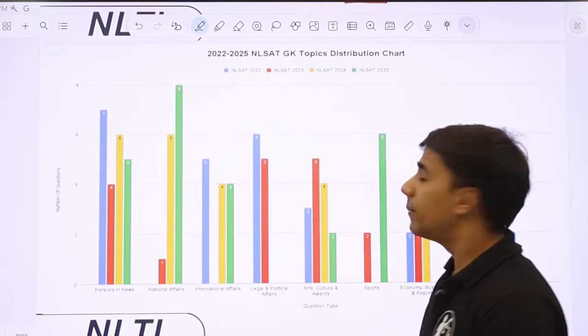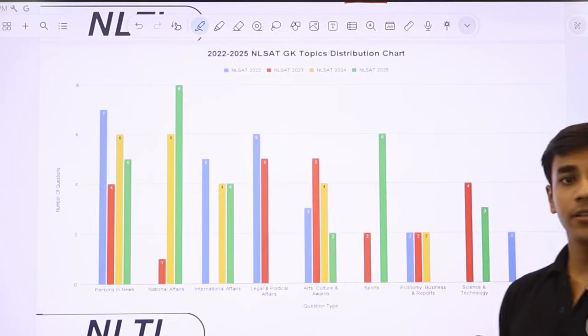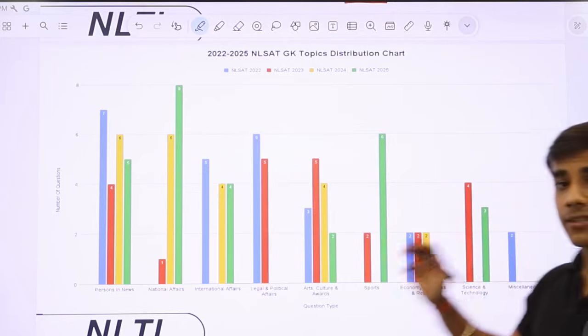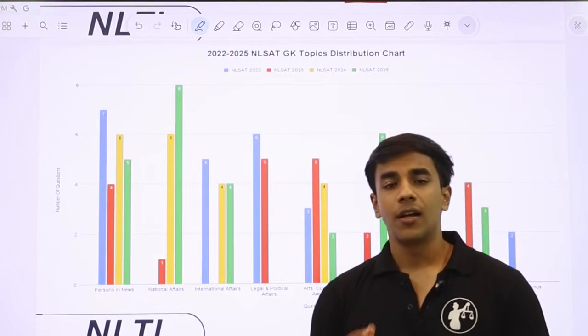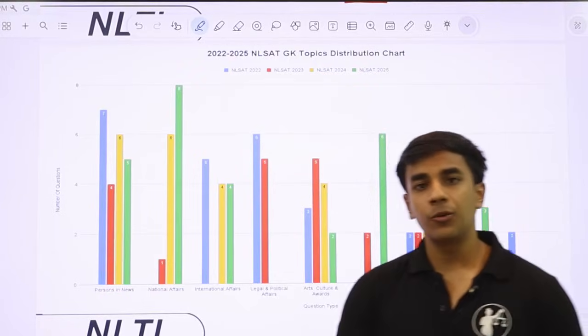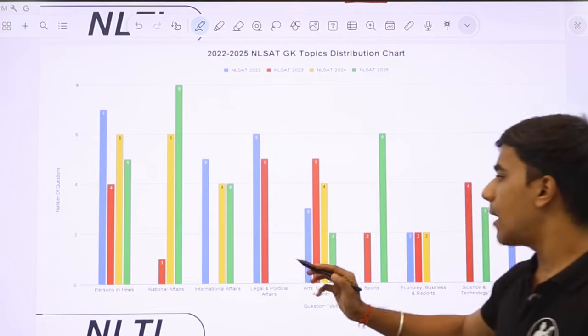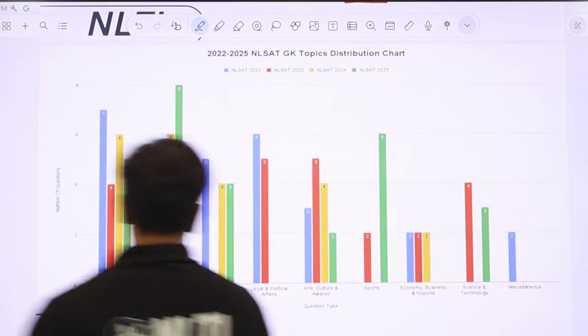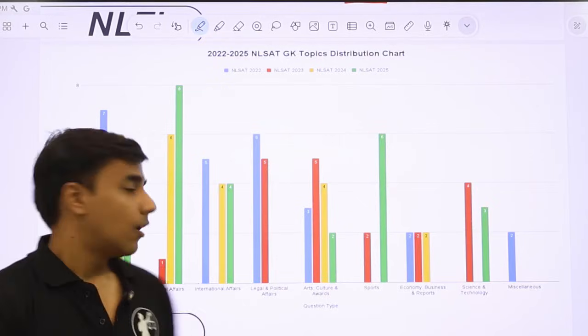Now, again, brilliant work done by the team here. I will move aside so that you can take a screenshot. This particular slide talks about all the types of questions that have been asked from NLSAT 22 to NLSAT 25, broken down into simple question stems. For example, person in news, that, for example, a recent person died, why was the person in news?